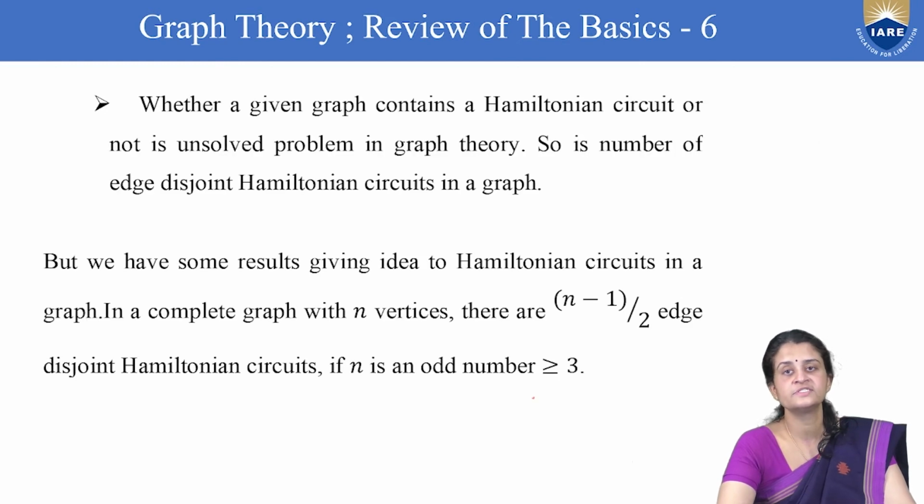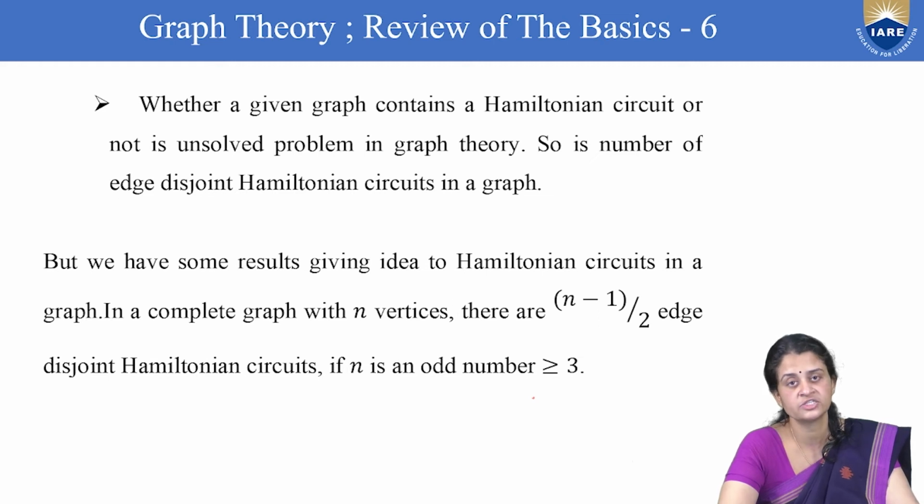Now we will see some theorems on the condition of Hamiltonian circuits, because earlier in Eulerian graphs we were given certain conditions to check whether the given graph is Eulerian or not. But here we don't have any such conditions to check whether the given graph is Hamiltonian or not.